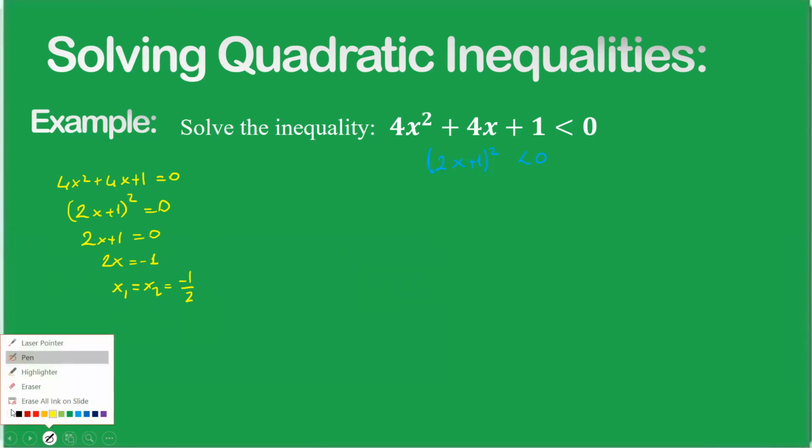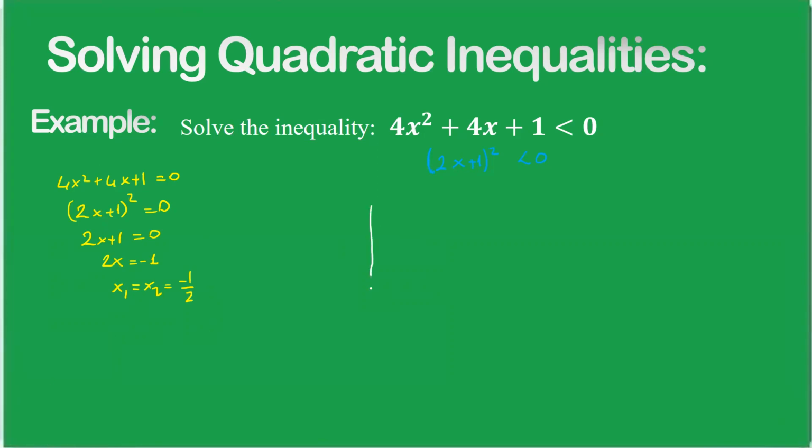Then let's draw the table. x: minus infinity, minus 1 over 2, and plus infinity. And here 4x squared plus 4x plus 1. So this one is a double root. And what about the first sign? The coefficient of x squared is 4, so it is plus, and the next sign becomes plus too.